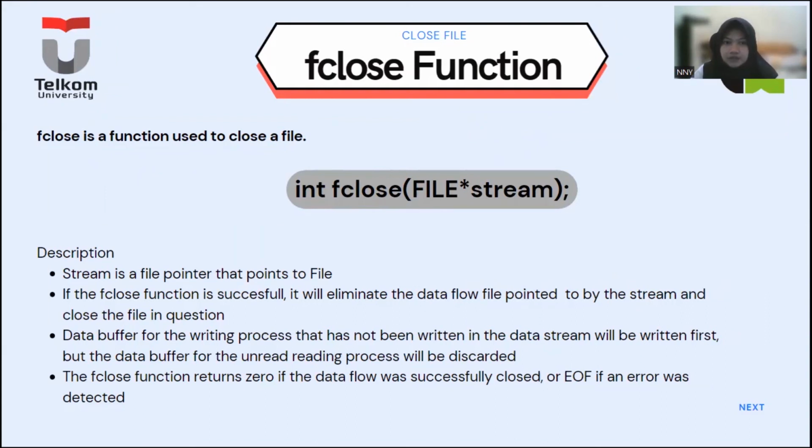If the fclose function is successful, it will eliminate the data flow of the file pointed to by the stream and close the file in question. Data buffer for the writing process that has not been written to the data stream will be written first, but the data buffer for the unread reading process will be discarded. The fclose function returns 0 if the data flow was successfully closed, or EOF if an error was detected.